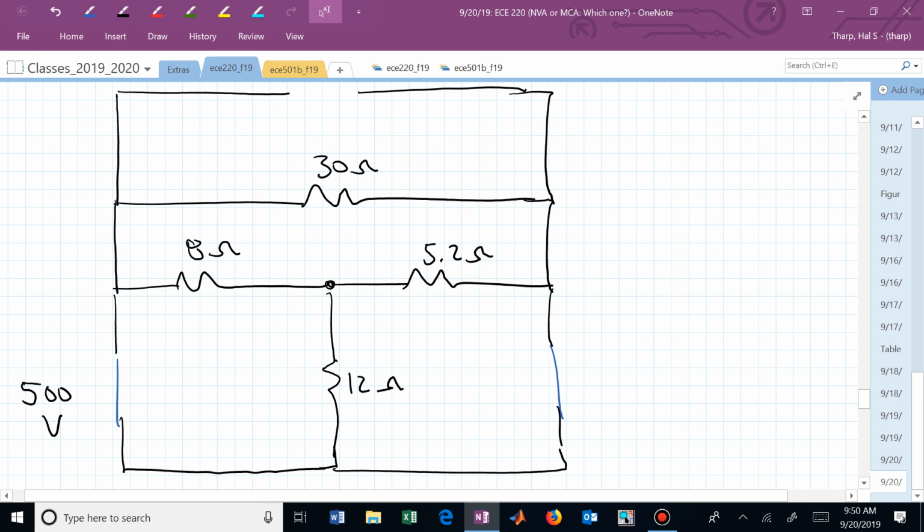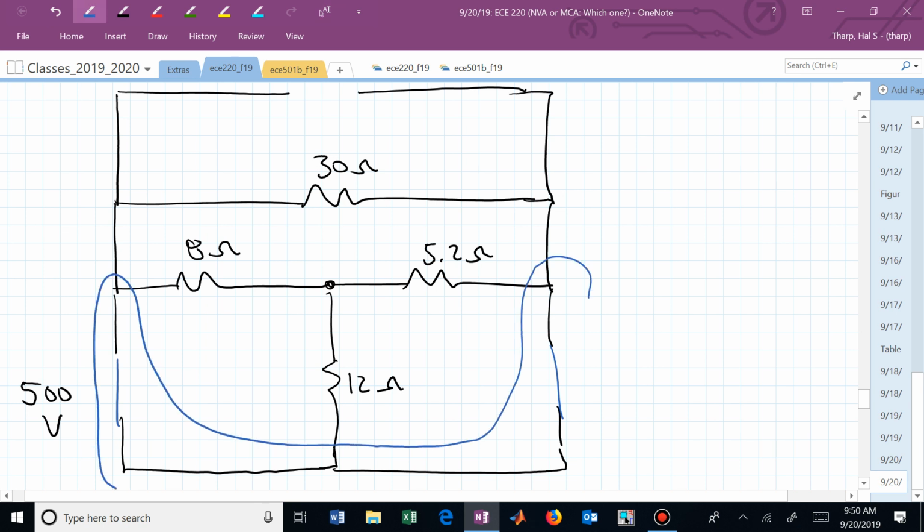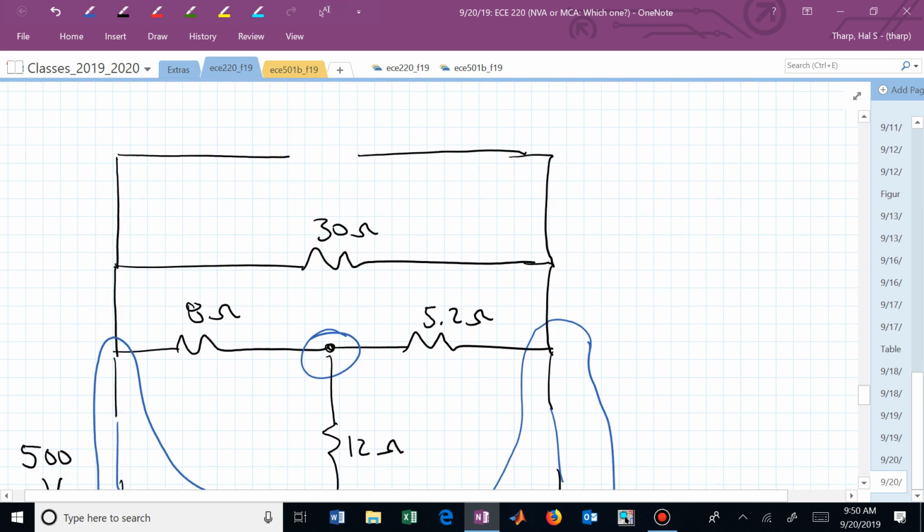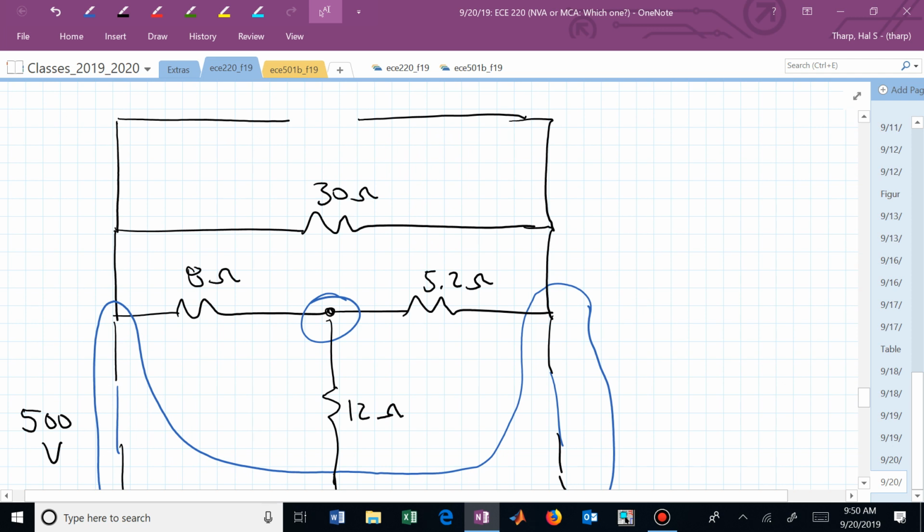Now how many nodes do I have? Where's my third? How many nodes? Do I have 3?